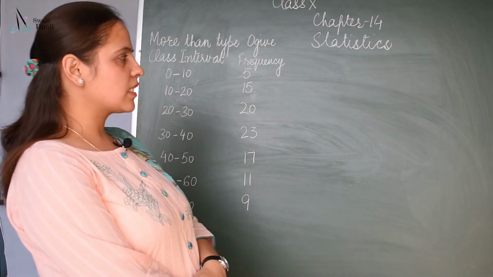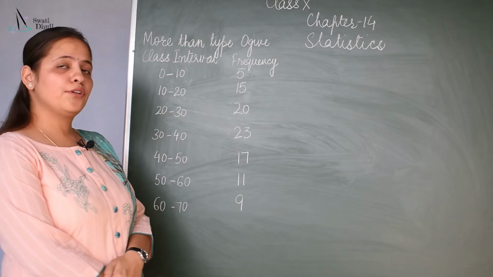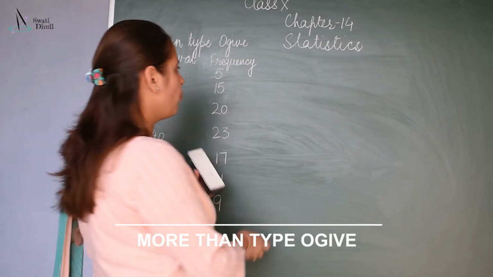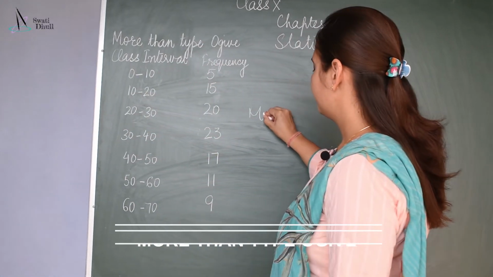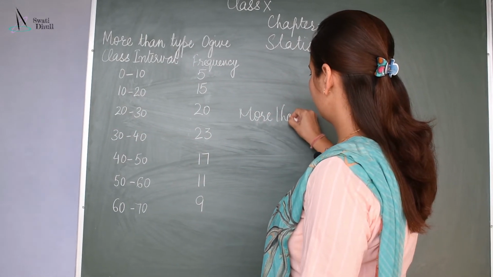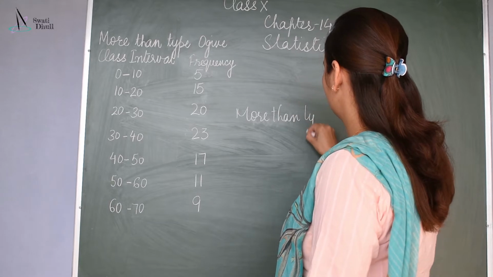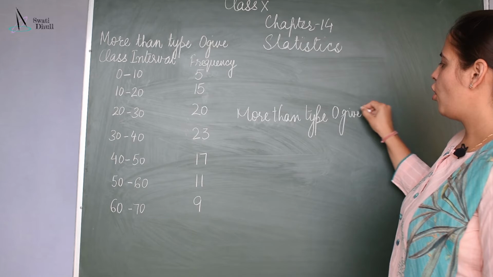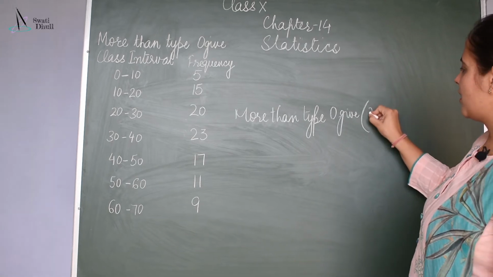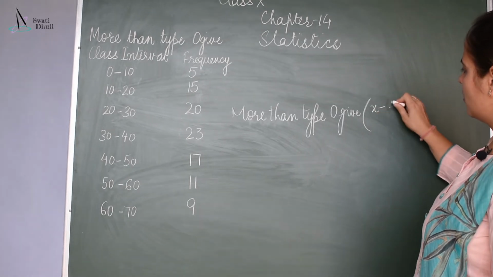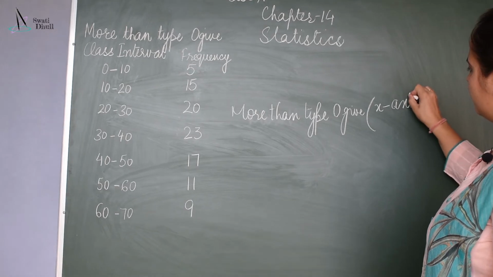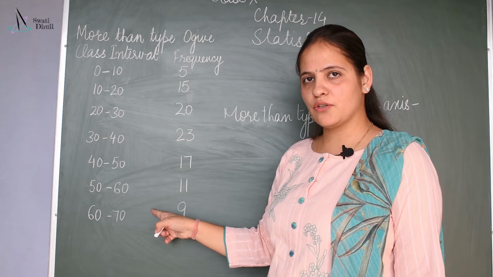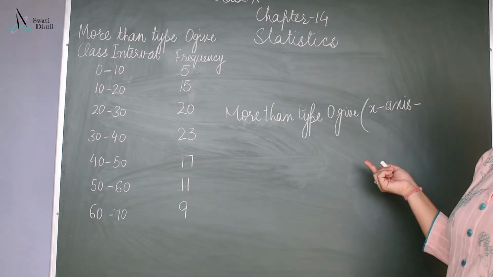Today I am going to discuss with you all how to draw the more than type ogive. For more than type ogive, we plot a curve between the lower limits of the class interval and the cumulative frequency.